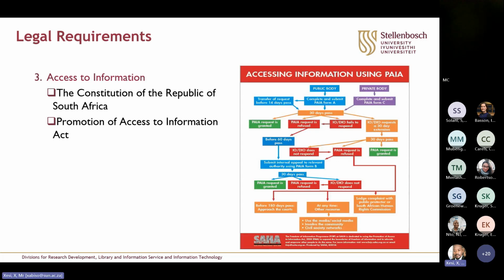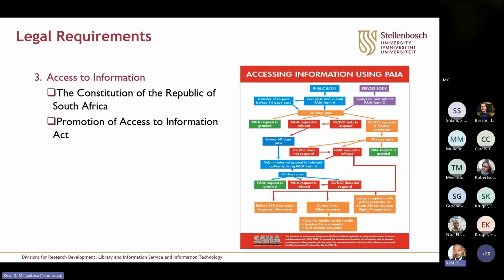And also, when it comes to access to information, as an institution that is research intensive, we try to make sure that our research data is as open as possible.